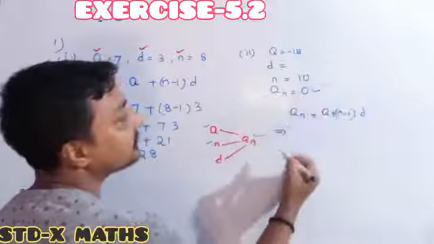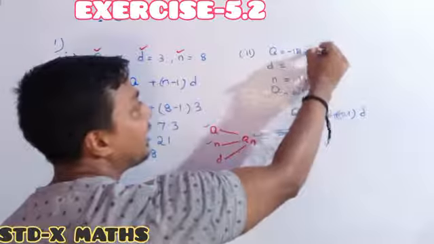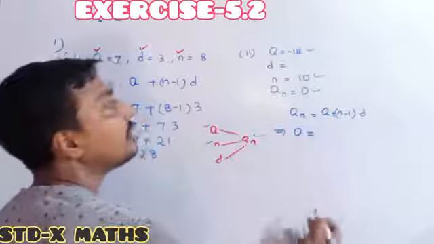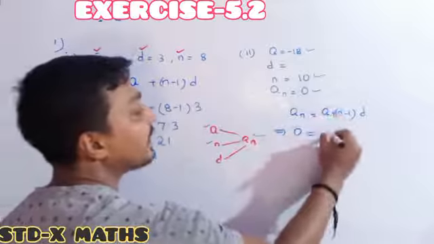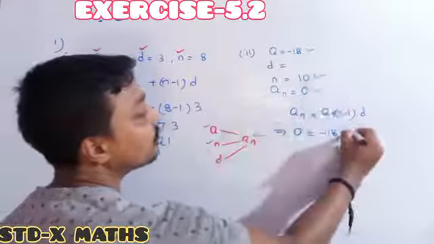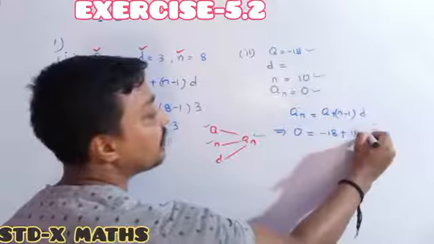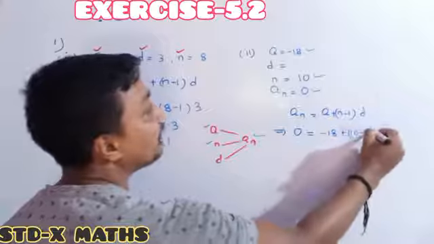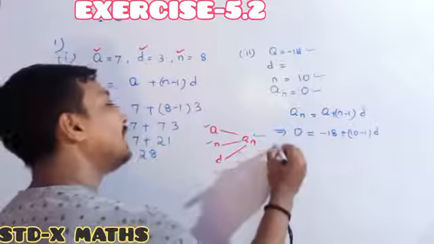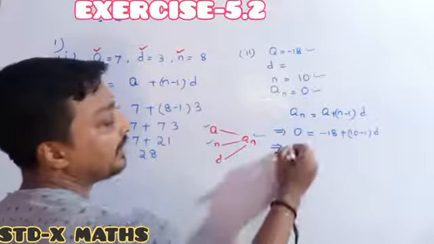AN is given, N is given and A is given. So AN is 0, A is minus 18, N means 10. So N minus 1 is 10 minus 1 whole into D. D is not given, so you need to solve for it.